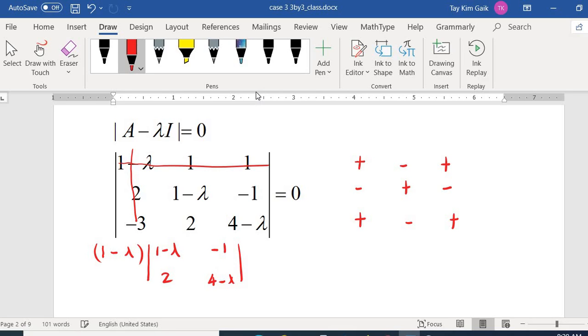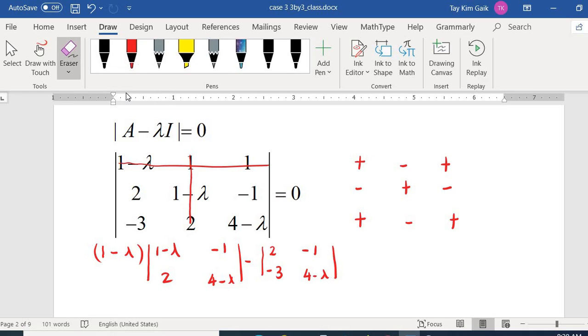Okay, second value, because I'm taking the first row, later on will be the second cell: first row, second column. This sign is negative, negative times 1 will be negative. And you left this determinant of 2 by 2, and you got 2, negative 3, negative 1, 4 minus lambda.